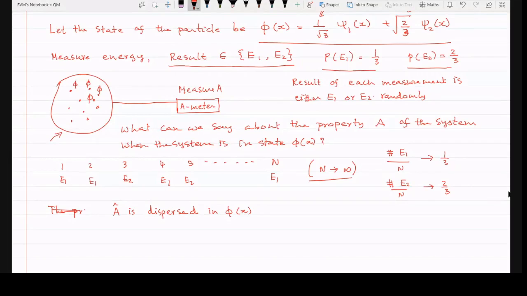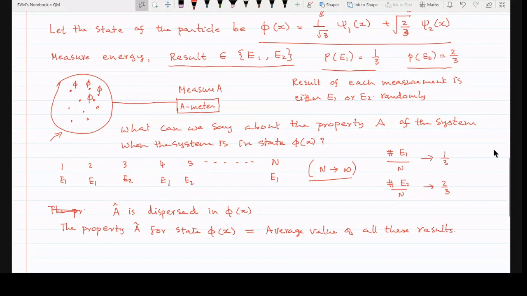Whenever it is dispersed in the state, the property A for state phi of x is actually the average value of all these results. It is exactly like when you are doing an experiment.